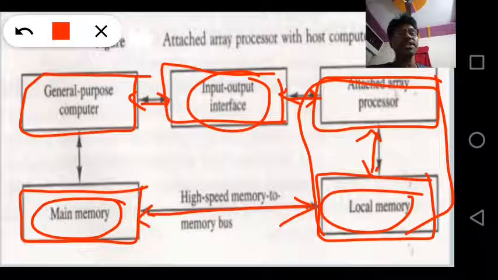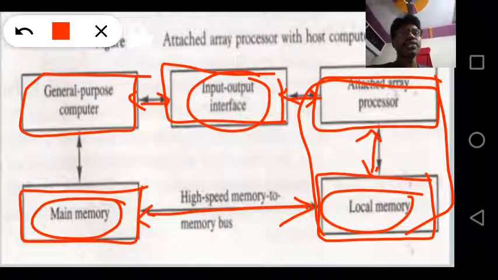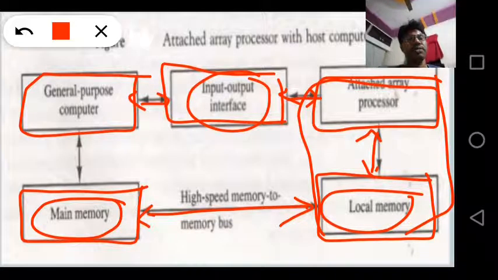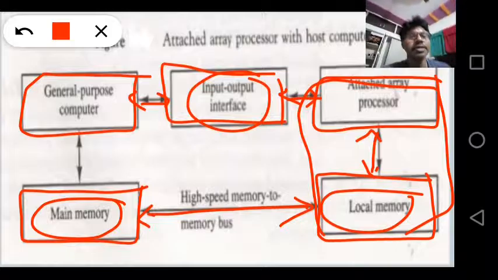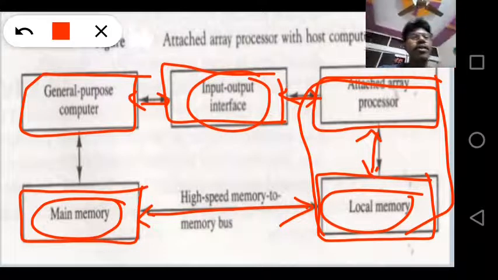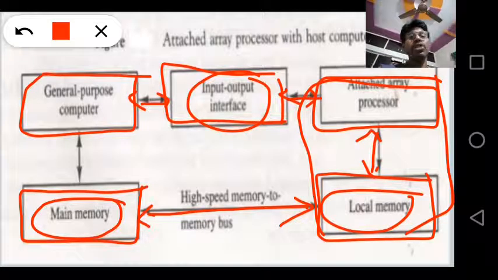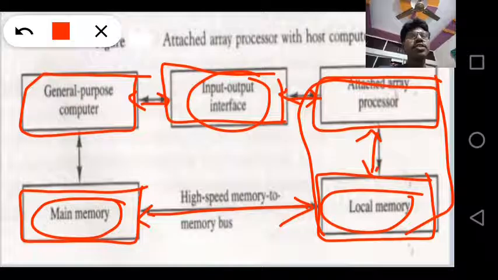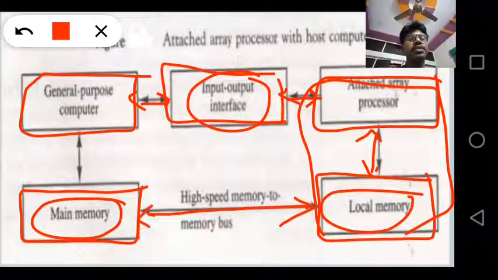So the attached array processor has its own memory, called local memory, and this local memory can interact with the main memory by using a special bus called the high speed memory to memory bus.